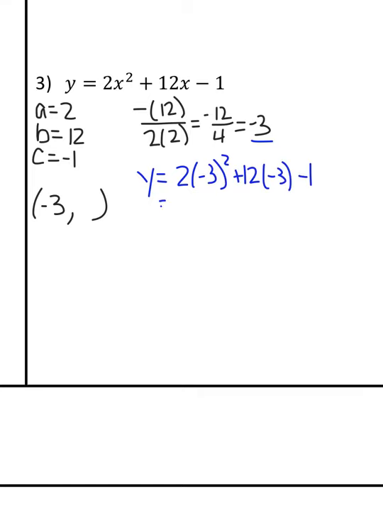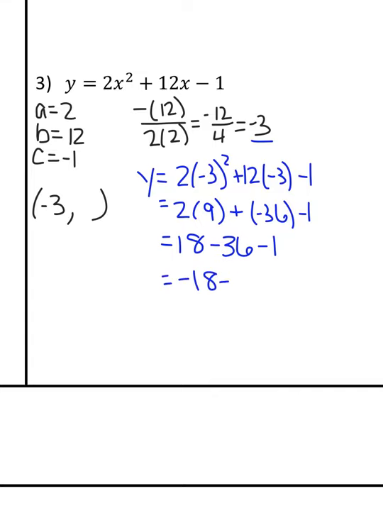All right, so then I do 2 times 9, because -3 squared is 9, plus this is going to be a -36 minus 1. 2 times 9 is 18. So 18 minus 36 minus 1, or plus a negative. You can leave it plus a negative if you want. So that's -18 minus 1, which is -19.